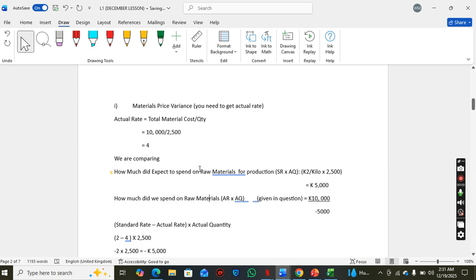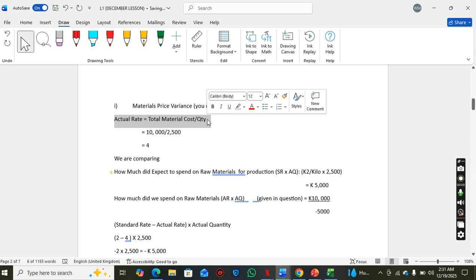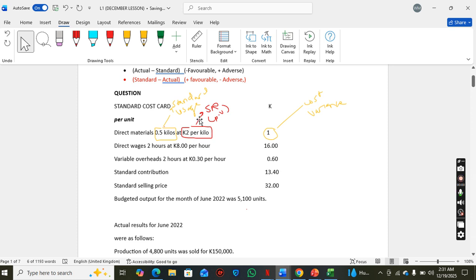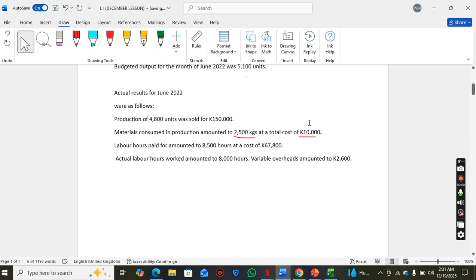So first things first, you need to get our actual rate. Our standard rate, as I said, has been given to us. Here the standard rate is 2 kwacha per kilo. Now, in our question, we've been told we bought 2,500 kilos at a cost of 10,000 kwacha.